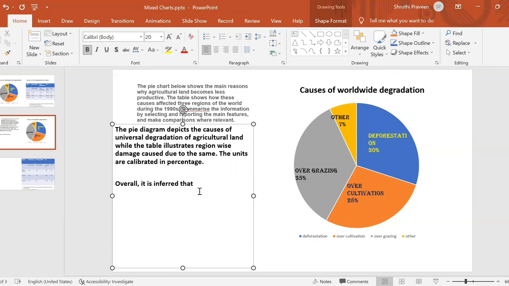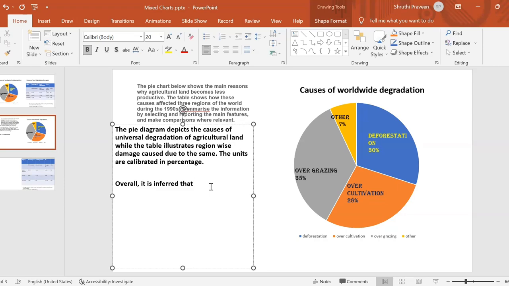When you write the overview paragraph, there should be more than one significant feature, more than one key feature. So here I'm going to write about the most and the least of the pie chart as well as the highest and the lowest of the table. That will comprise my overview.